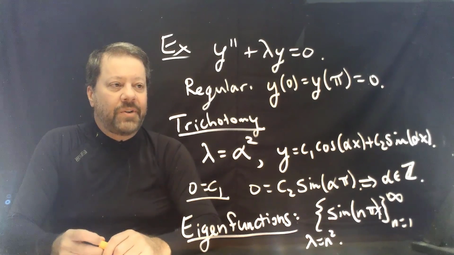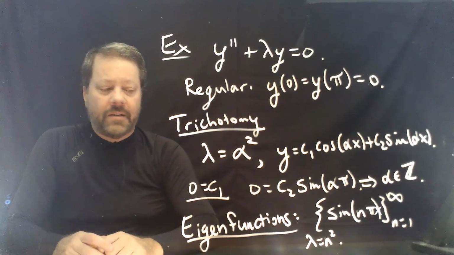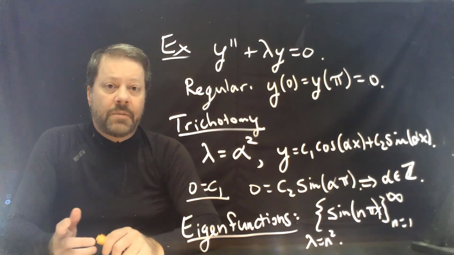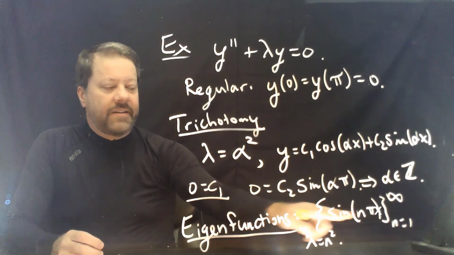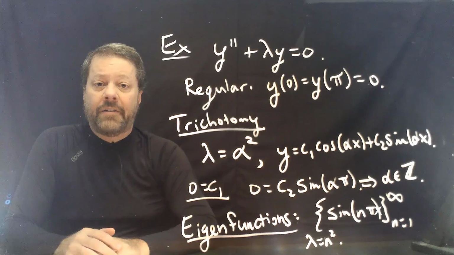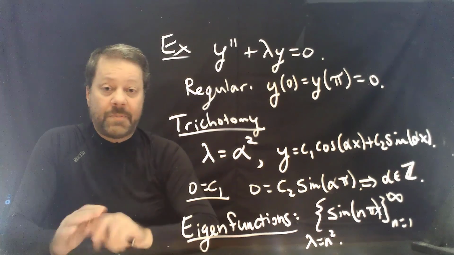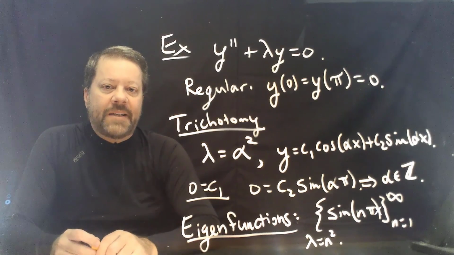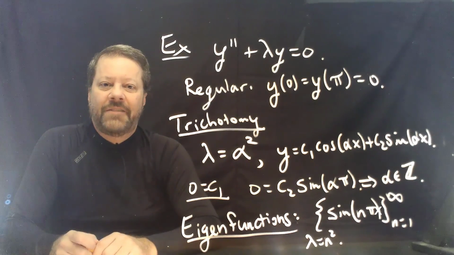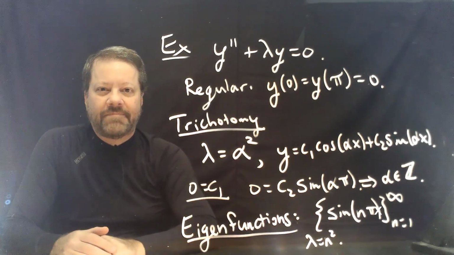One thing to note about this regular, non-singular Sturm-Liouville problem is that to each eigenspace there is one eigenfunction essentially spanning the entire eigenspace, which means that the eigenspaces are one-dimensional for each different eigenfunction.